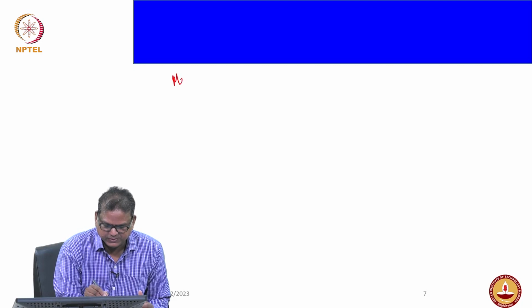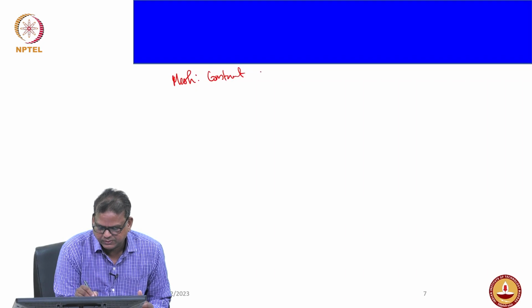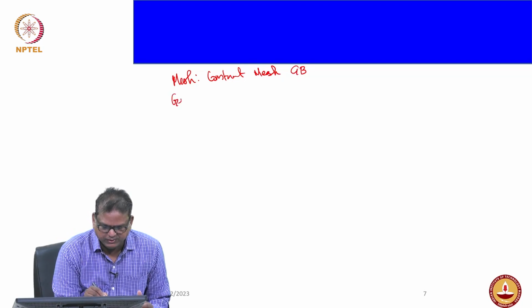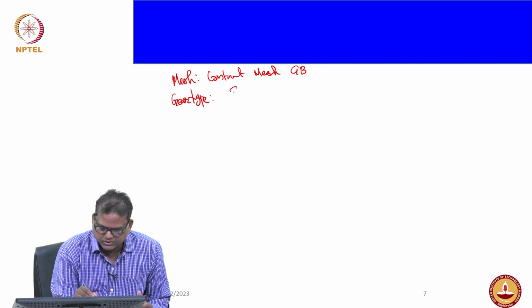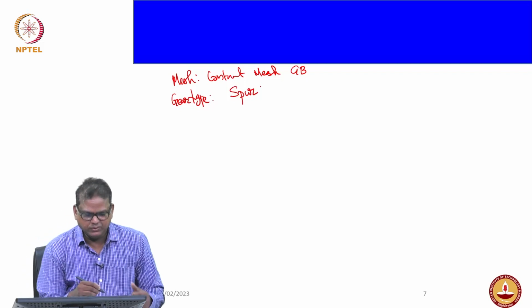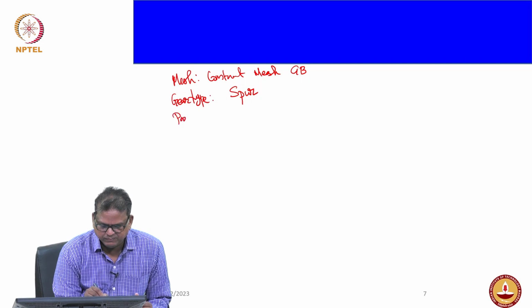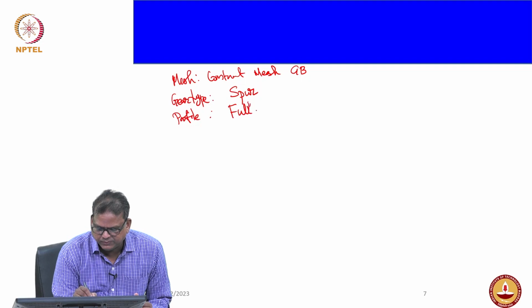The mesh type is constant mesh gearbox. So the gear type we have not considered so far. We can assume it now itself. We can assume a spur. You can have both helical and spur. We will assume spur. Then when you say spur, the profile would be full depth involute.